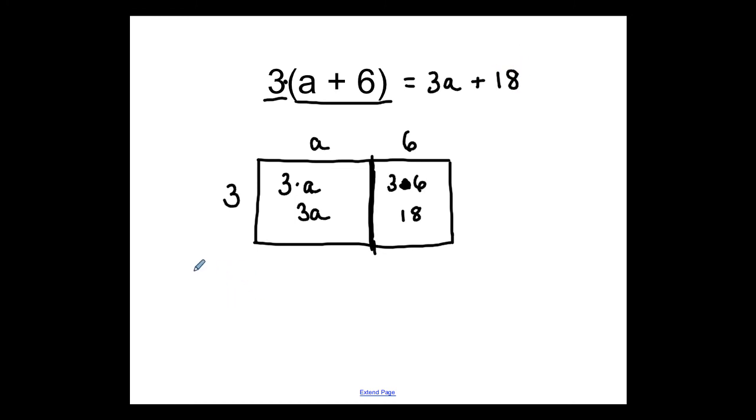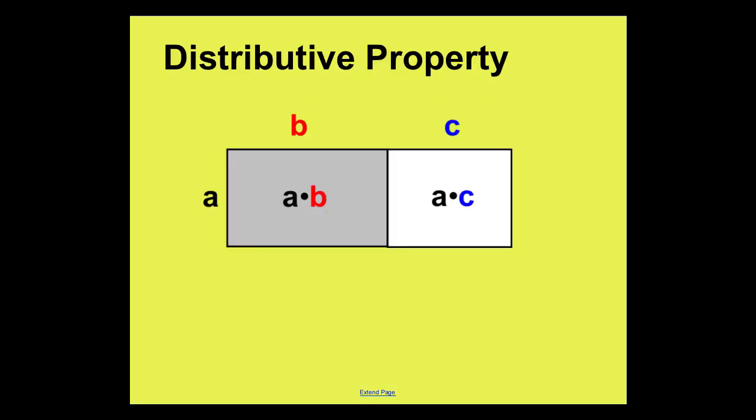Okay? Now, in general, we've gone through 3 different examples. We want to show what the distributive property is for any whole numbers, or any number, as we'll continue on throughout. So the distributive property says, if I'm going to find the area, I'm going to use the area model for the distributive property. The area of a rectangle is found by multiplying the vertical length times the horizontal length.